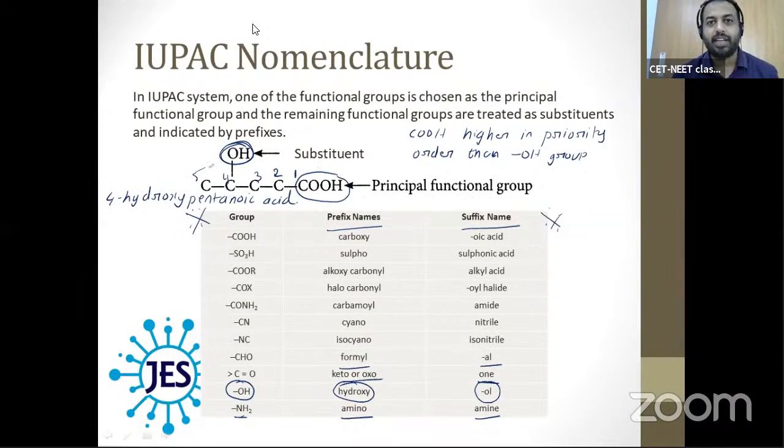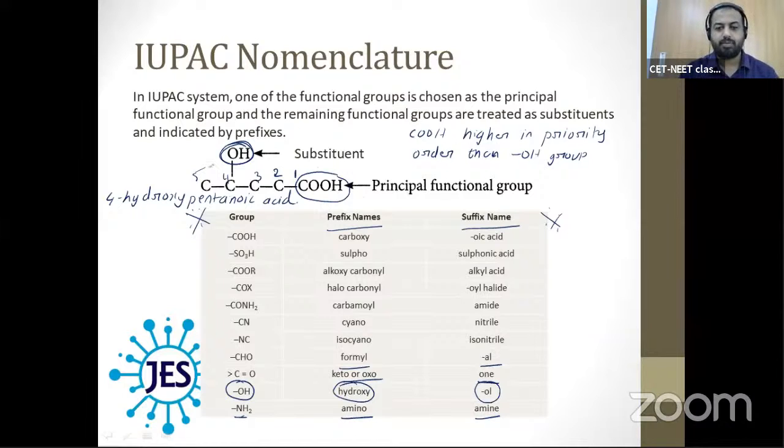We did the same here, look. In this example, carboxylic acid became the main functional group, so we gave it the suffix name. What is it? Oic acid. For carboxylic acid, the suffix name is oic acid. But the OH group, though a functional group, is not treated as the main functional group here because there is another functional group of higher priority present in this compound. Therefore, you give the prefix name for it. What is the prefix name for OH? You can see here, I've circled it.